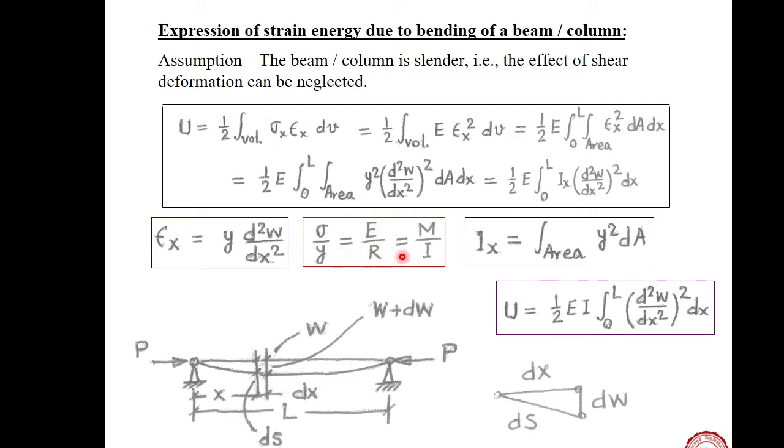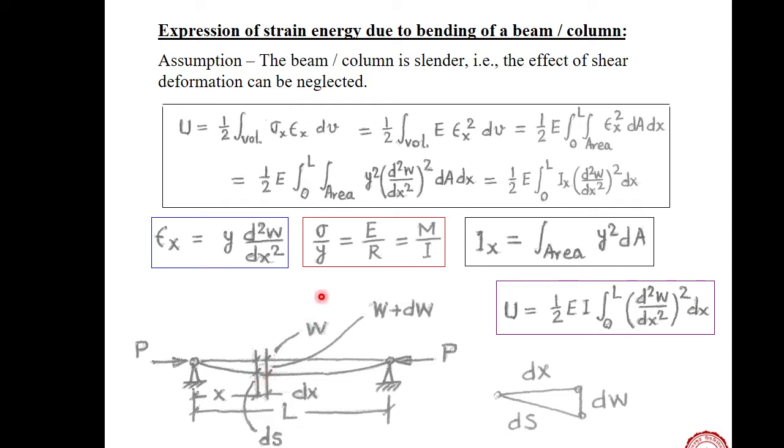You know this form, right? Yes, sir. What does it mean? Sigma by E is equal to y by r. What is 1 by r? 1 by r is the curvature, r is radius of curvature at this point, and an approximate equation of the curvature is d2y dx2 divided by something in the numerator, which is considered equal to 1 for small deflection.